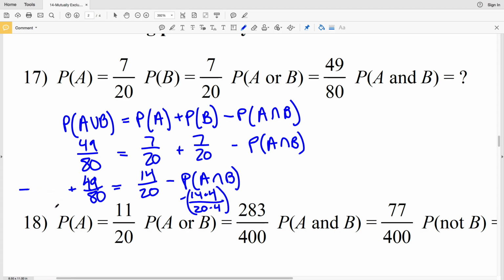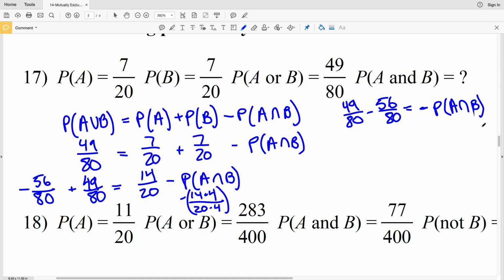So I'll be subtracting 14 times 4, which is 56, over 20 times 4, which will give me 80. I'll have 49 over 80 minus 56 over 80. That will equal the opposite, or negative, of the probability of A and B.